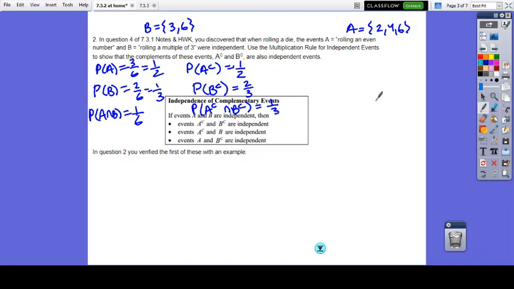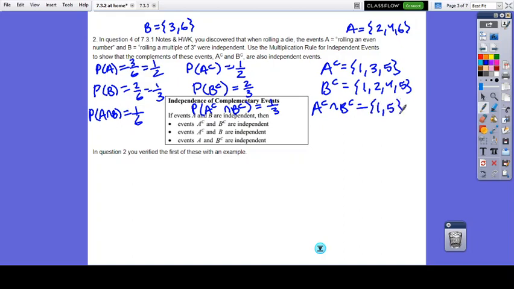Okay, so where does that come from? Well, we know that A complement is the set of 1, 3, and 5, whatever's not in A. We know that B complement is the set of 1, 2, 4, and 5, whatever's not in B. And we know that A complement intersect B complement, so look at what these have in common, is the set of 1 and 5.